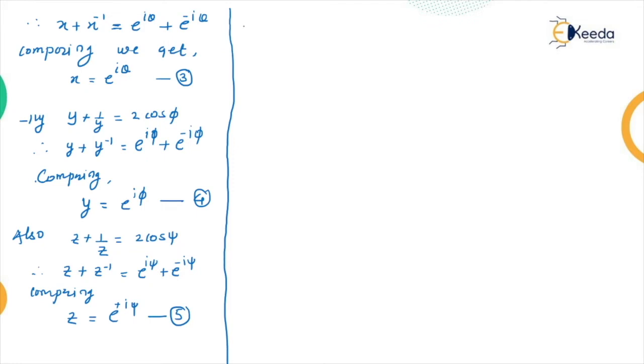Okay, so here is the proof of the first. How to prove this first? Let's see. This is very easy, because the first is given. Now I am writing here, to prove number 1: xyz plus 1 upon xyz is equal to 2 cos of theta plus phi plus psi.